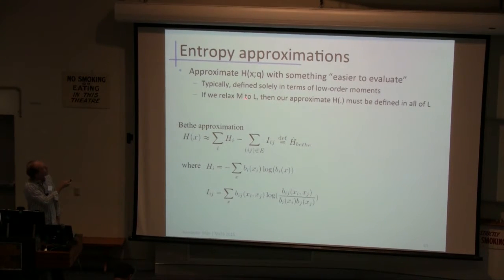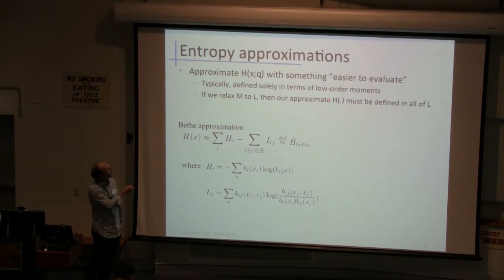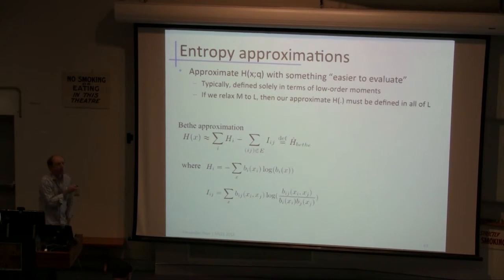So that way, when we relax our marginal polytope to something like the local polytope, our approximate entropy H should also be evaluatable by any set of probabilities in the local polytope.